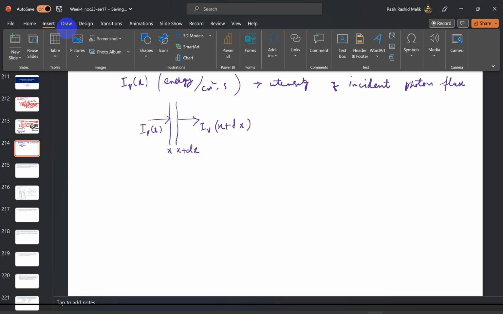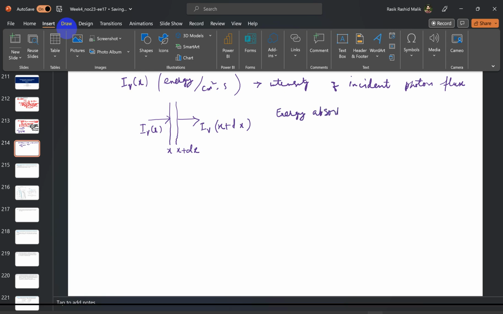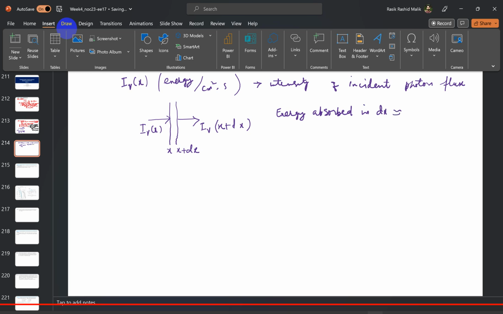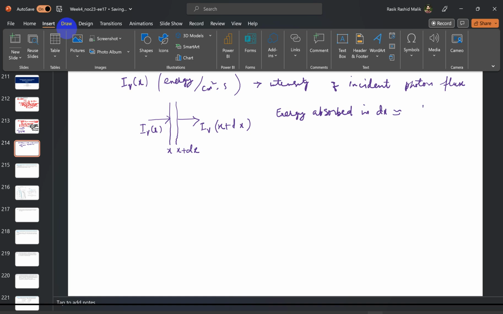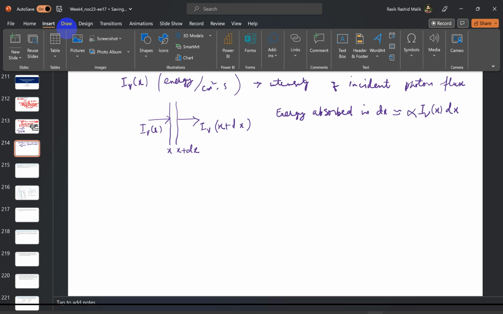The energy absorbed in this distance dx is directly proportional to the incident flux for the distance dx, times a constant called the absorption coefficient, alpha, and alpha is in units of per centimeter.